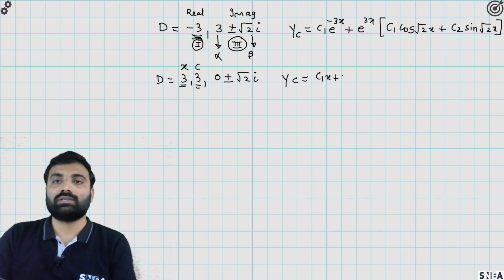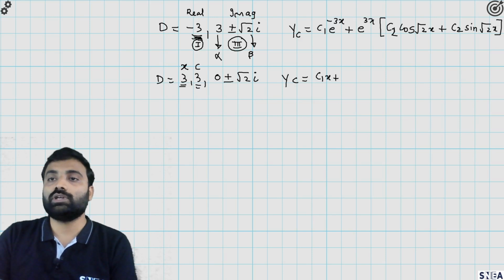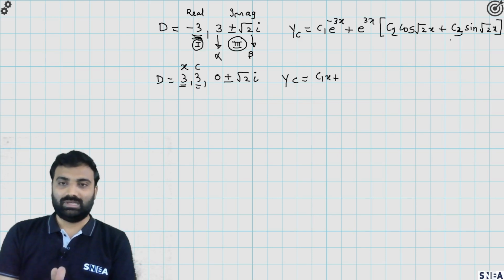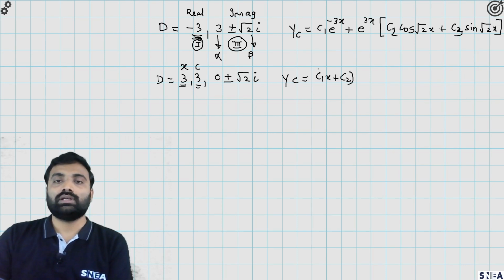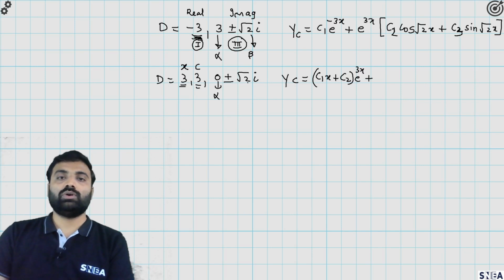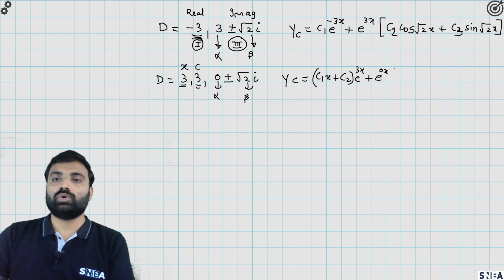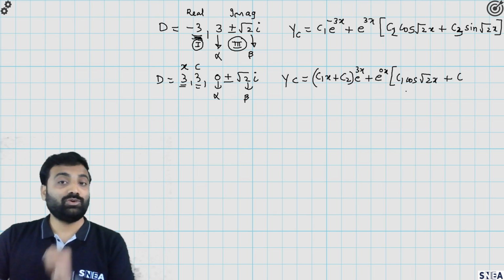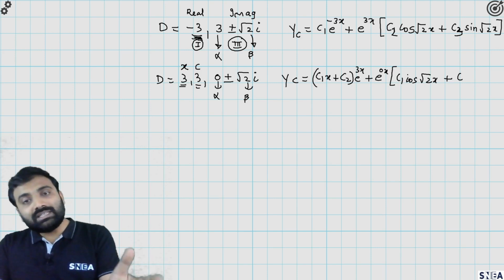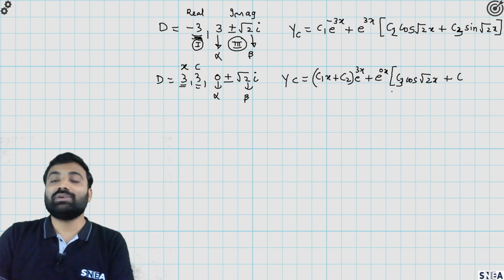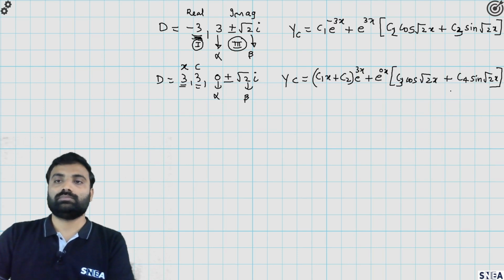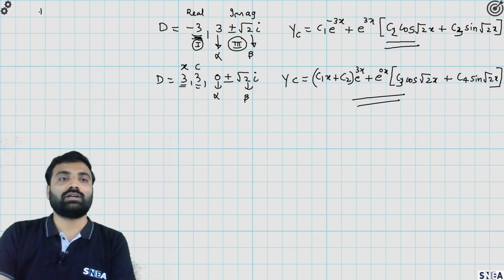So this will be c1x plus, अभी एक देखो मैंने गलती क्या किया yc में लिखते टाइम, c1 का फिर से repetition c1 लिखा, no you will lose marks, c1 के बाद c2, c2 के बाद c3, so you should be careful. Perfect, चलो c1x plus c2 e raised to 3x plus e raised to alpha x, अभी alpha की value क्या है 0, beta की value क्या है root 2, so e raised to 0x in bracket c1 cos root 2x, देखो फिर से गलती हो गया, so that's why I am keeping that we make this mistake in flow students, so you have to pay attention very much. c2 के बाद c3 आना चाहिए, c3 cos root 2x plus c4 sin of root 2x. This is the combined cases, ये था आपका combined cases.